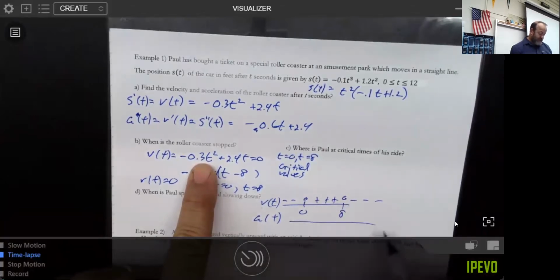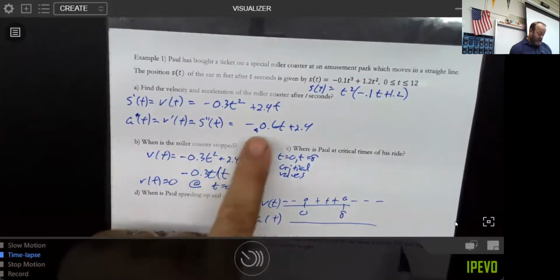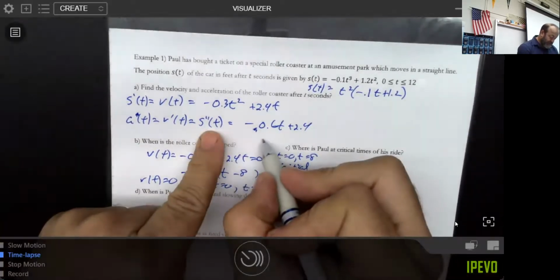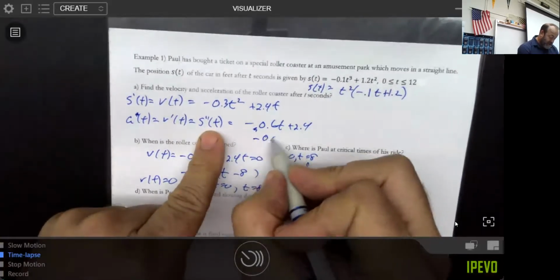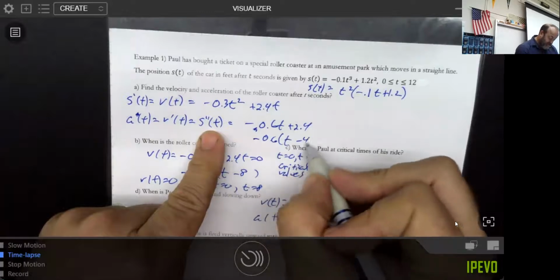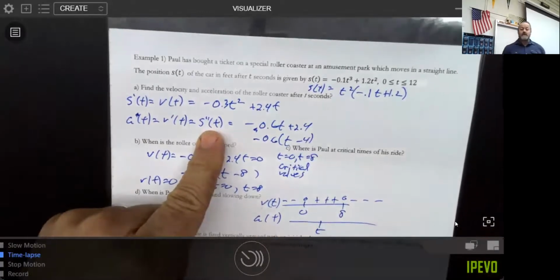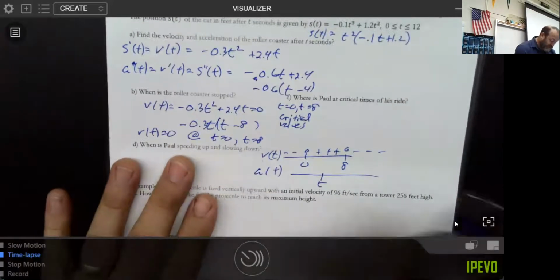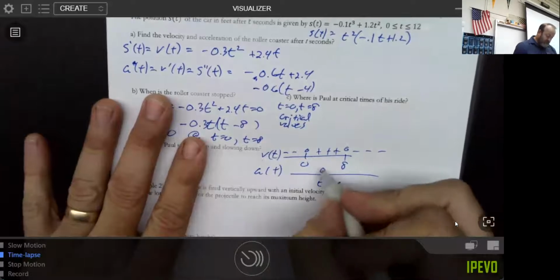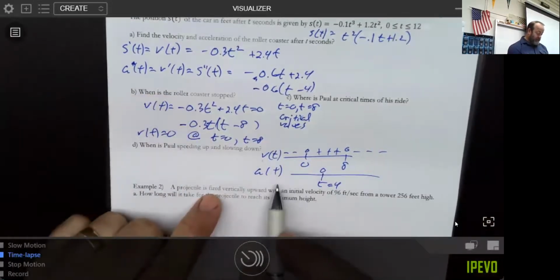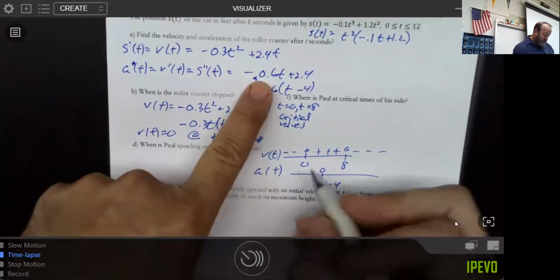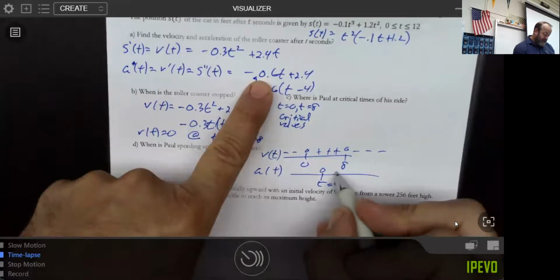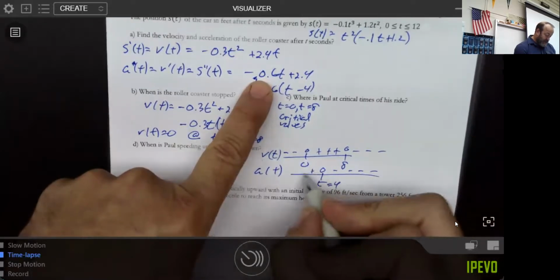I also could look at my acceleration equation. If I were to factor the negative 0.6 out, I'd be left with t minus 4, making the acceleration 0 at t equals 4 seconds. This is also a down-sloping line, so it would be down on the right and up in the middle.